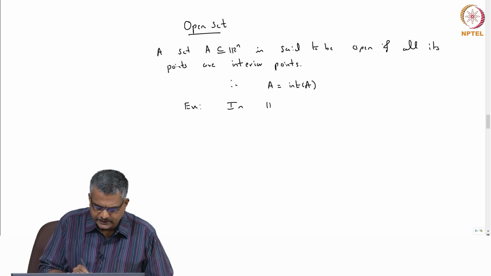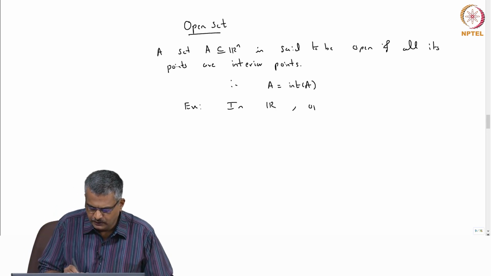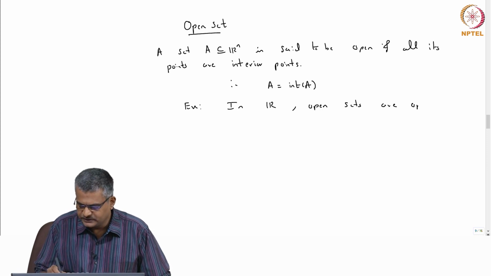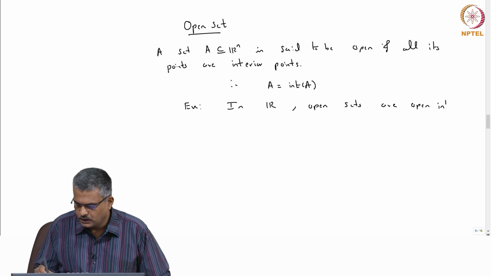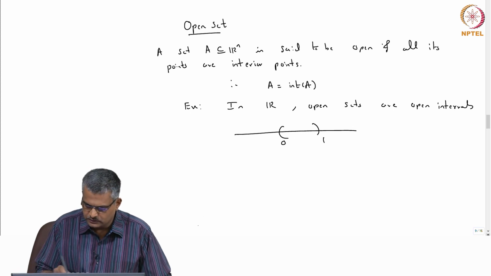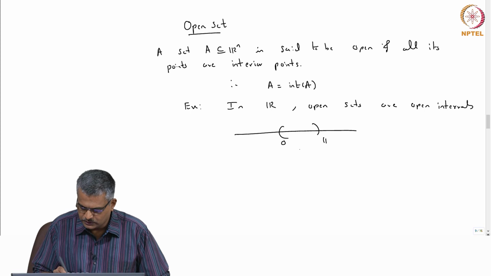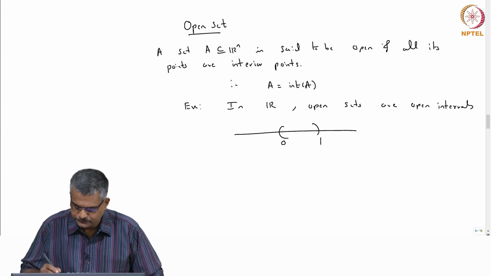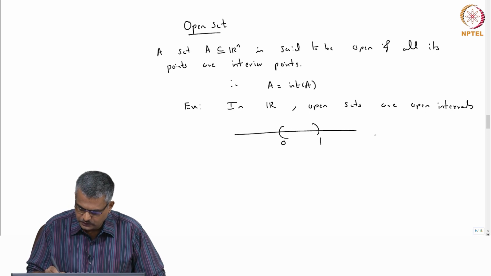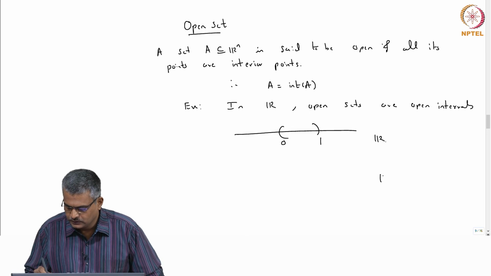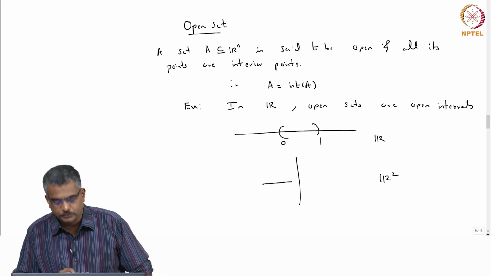So, examples in the real line R: open sets are open intervals. We saw that earlier. For example, take this open interval (0, 1). This is called the open interval because it excludes points 0 and 1. So, in R this is an example of an open set.